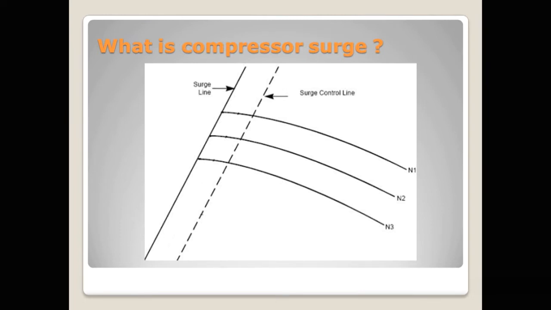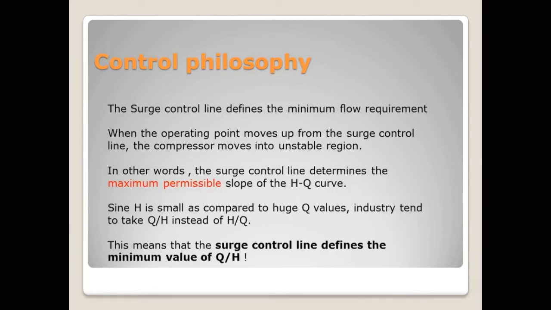For simplicity's sake, we take the surge line and the anti-surge line as straight lines here. So we have a surge line joining all the peak points and an anti-surge line towards the right. Both are straight lines. From the earlier figure, we can see that as we shift leftward, the slope of the line changes.